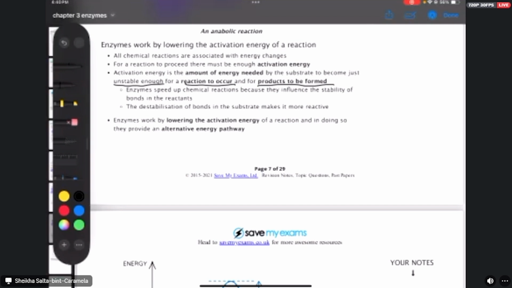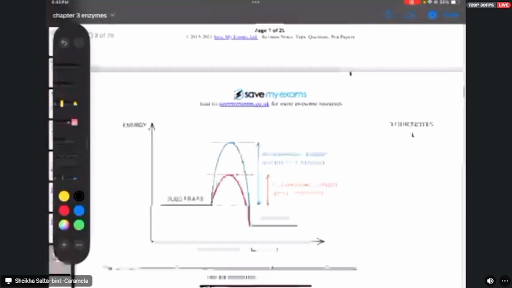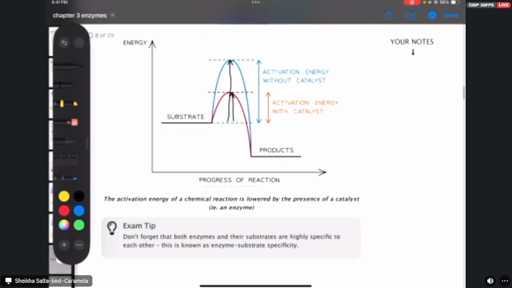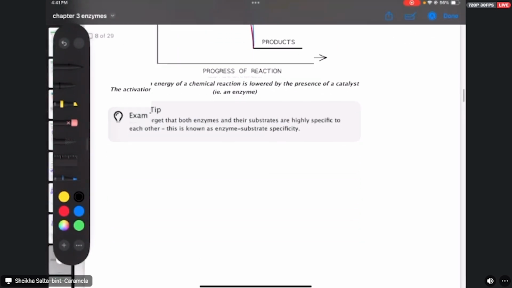So the bond is weakened and the water can easily break it in the reaction. As you can see, without the enzyme present, the activation energy was this much, and when you put the enzyme in, the activation energy was half. So it speeds up the reaction by lowering the energy required.